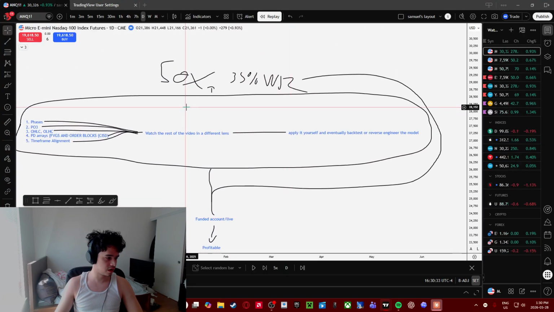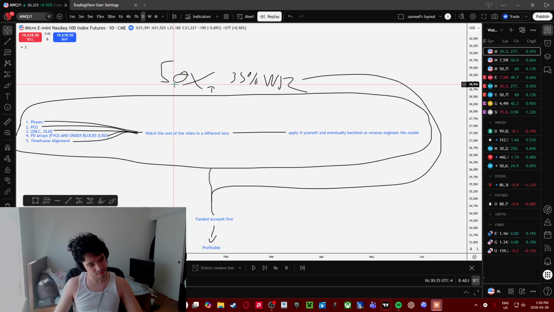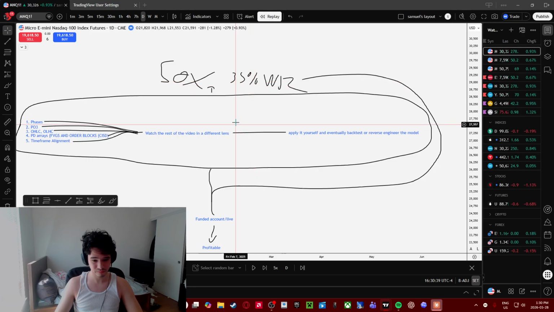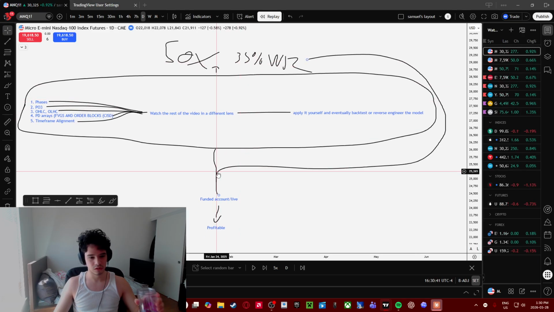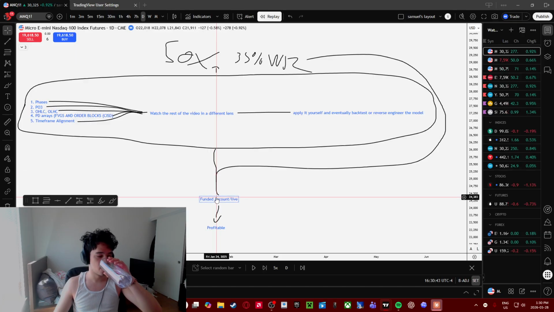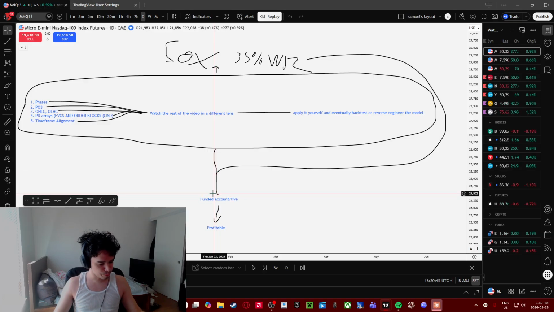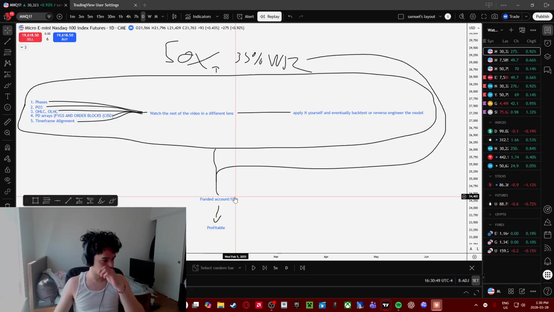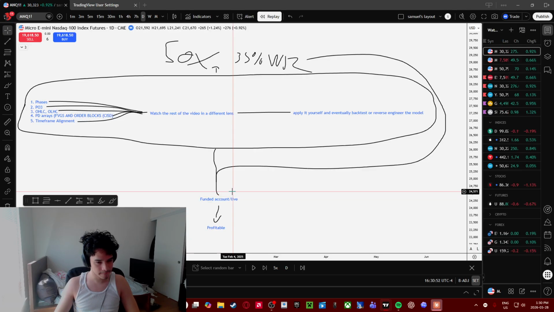And once you do that 50 to 100 times and have at least a 35% win rate, you go to a funded account and or live account, depending on what baller you are.